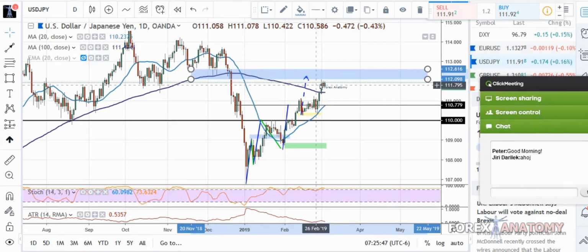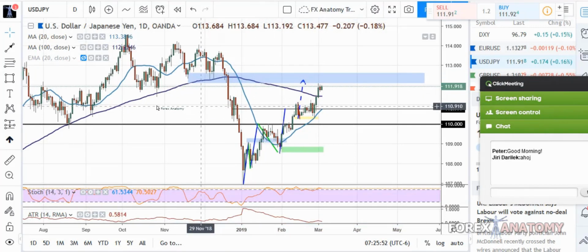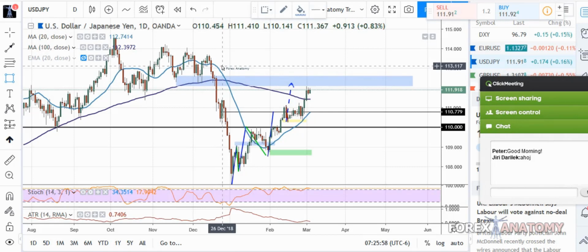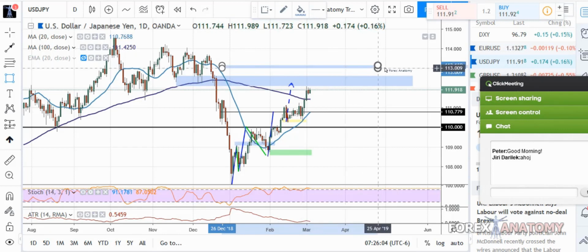I think price is going to find some resistance maybe in this area. If not in this area, then what I'm going to do is identify this part right here, the halfway point of this consolidation, or around the 113 psychological level, or institutional level.